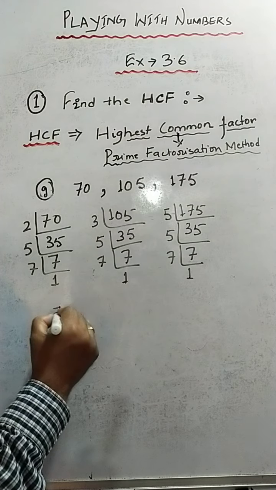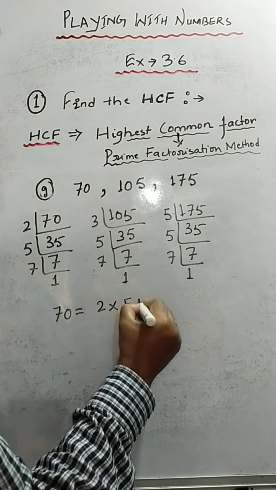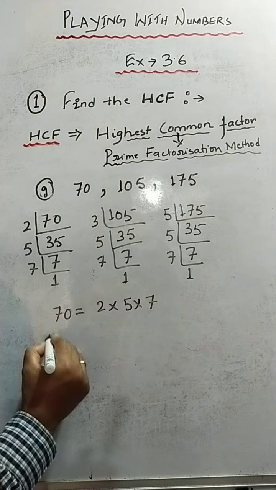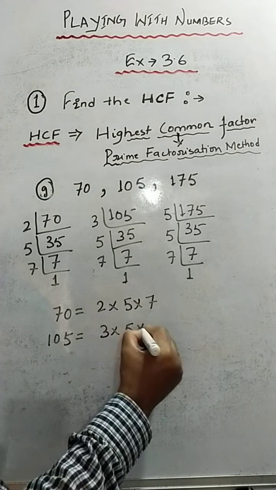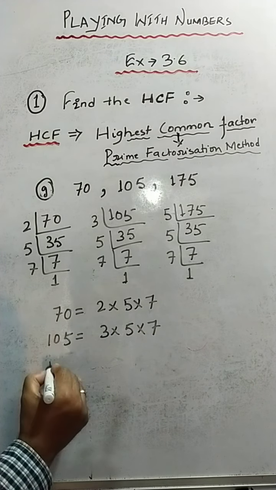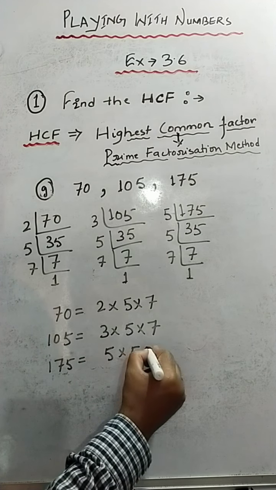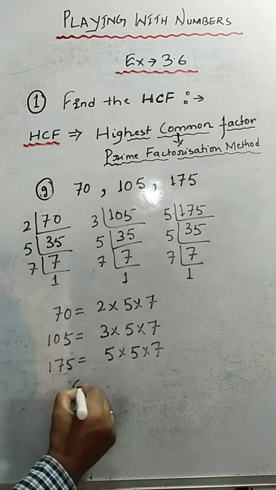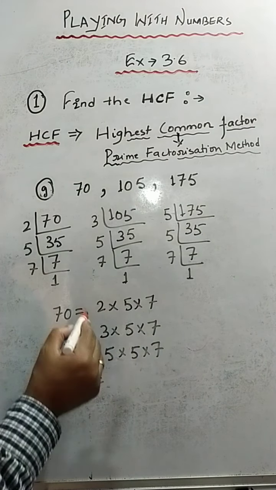Now let us write all the factors. That is 2 into 5 into 7. Then 105 would be 3 into 5 into 7. 175 would be 5 into 5 into 7. Now what is a common factor? It's very easy. Which is the digit which is common to all those numbers?